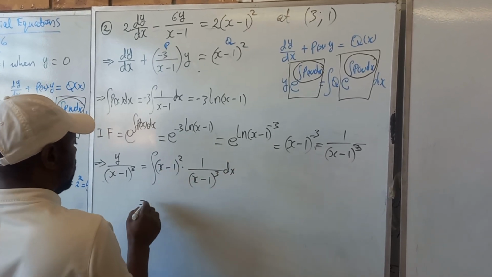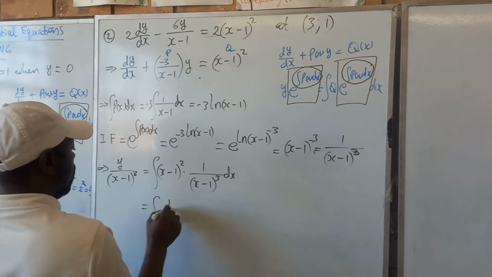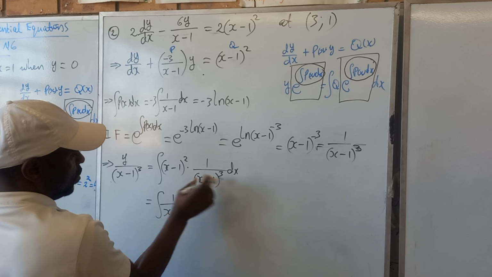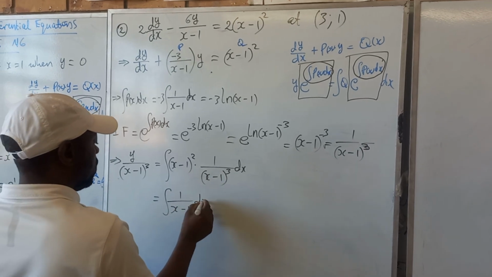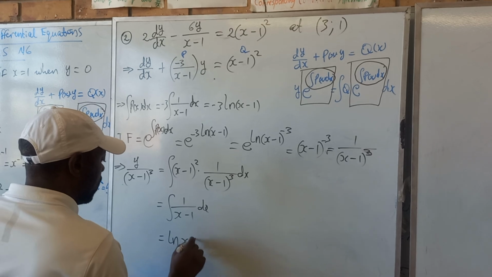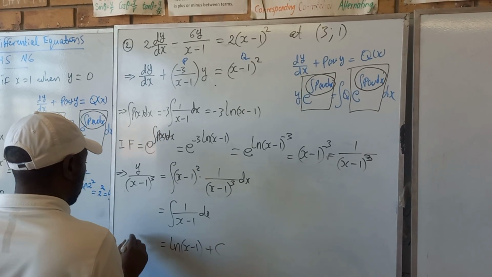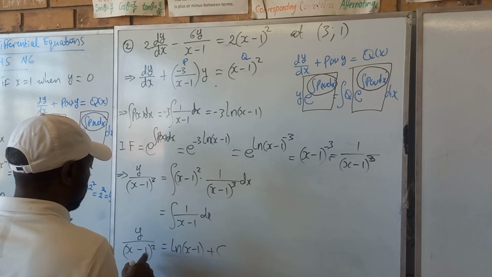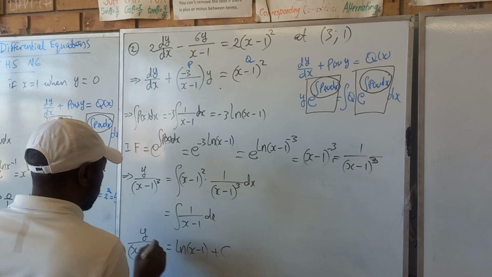If this simplifies, we'll be left with 1 over x minus 1, since the square will reduce the cube, dx. And if you integrate that, that gives you the ln of x minus 1 plus c. So that's what we call our general solution.